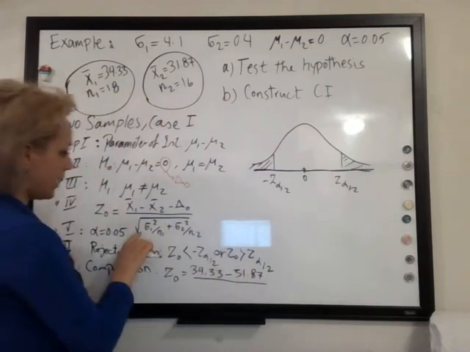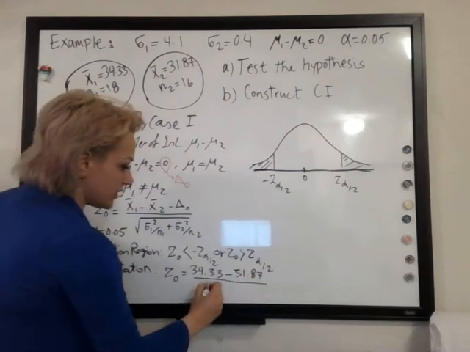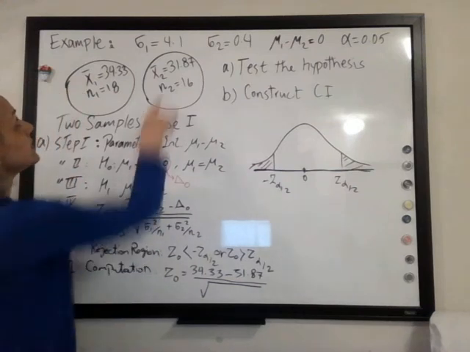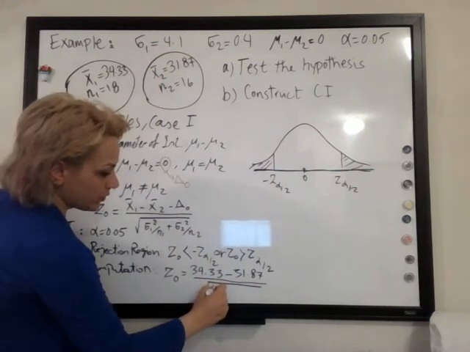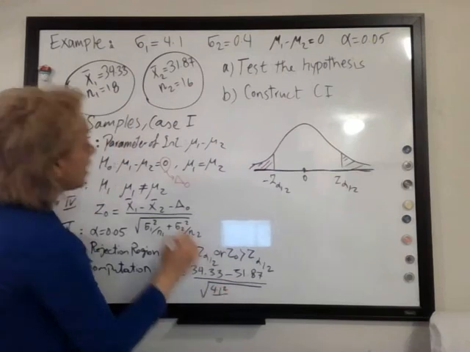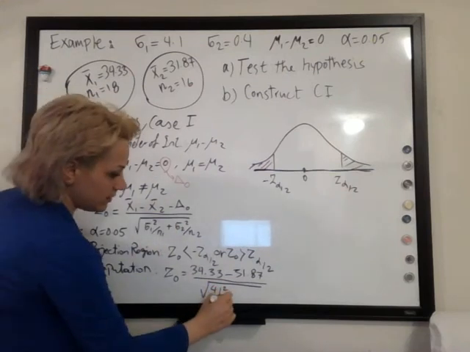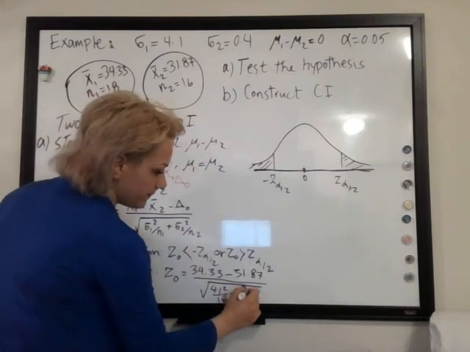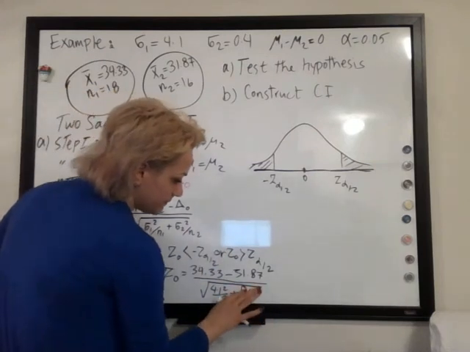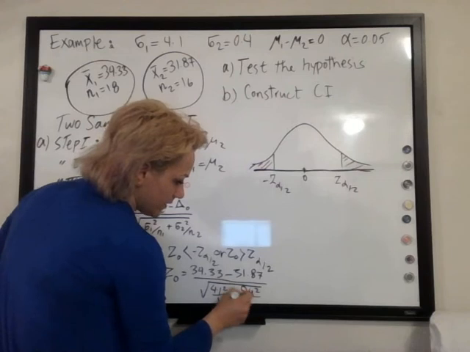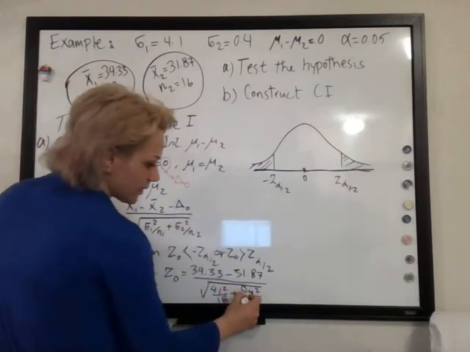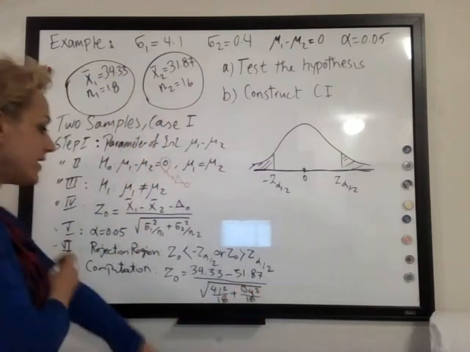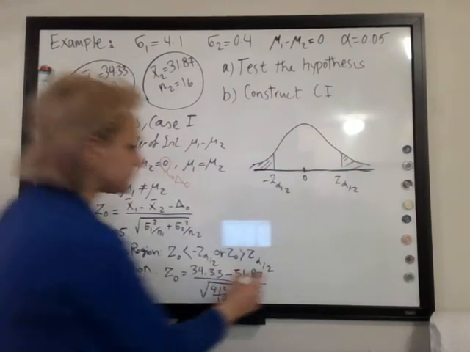divided by the square root of sigma 1, which is 4.1. So 4.1 power 2 divided by n1, 18, and then plus 0.4 power 2 divided by 16. And here we can find the z null.